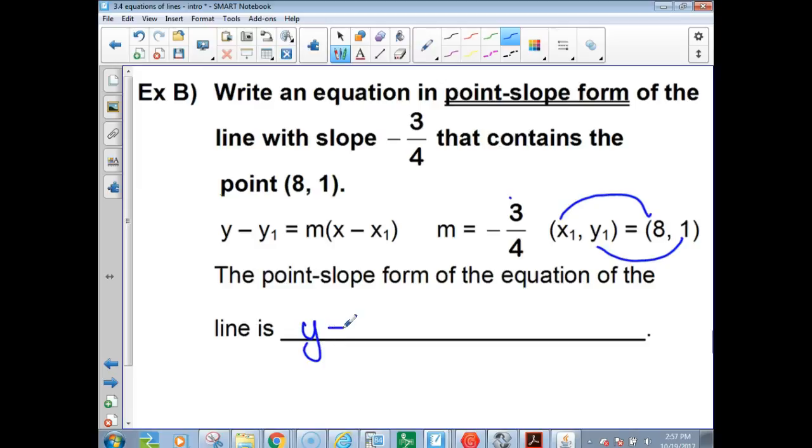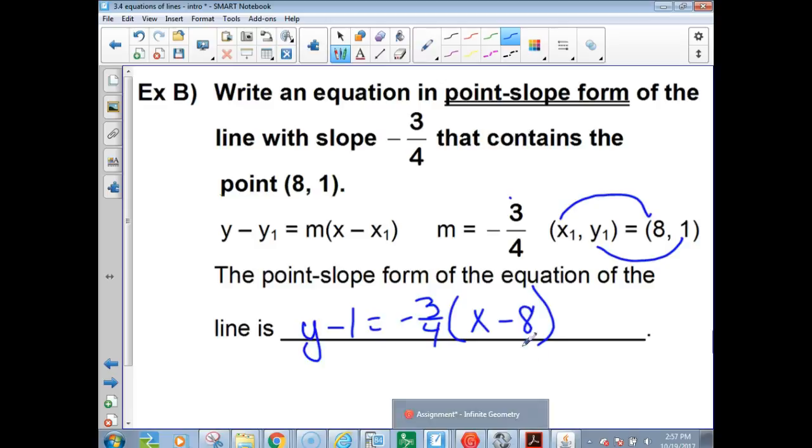So it's going to be y minus, the y1 is 1, equals negative 3/4 parentheses times x minus the 8, which is the x1. So basically, we're just making a bunch of substitutions. And I'm just leaving it alone right now. We will be simplifying them later.